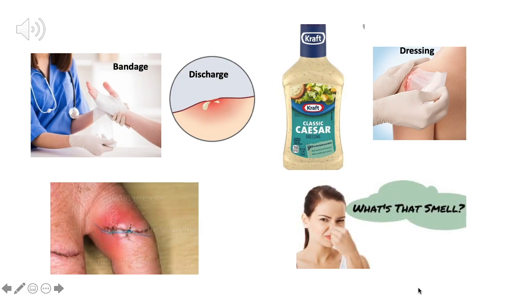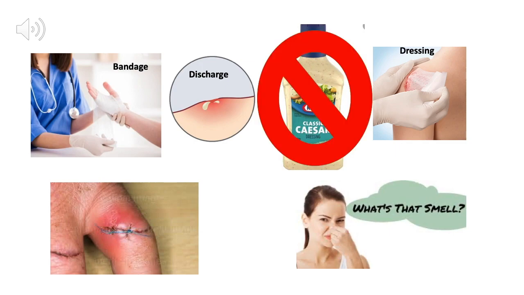We have a dressing. A dressing is a covering that protects the injury. We also have a picture here of a Caesar salad dressing, but although both of them are dressings, we have to make sure that we understand that one is a salad dressing and the other one is a wound dressing, okay? The next picture, we can see that it is inflamed, right?